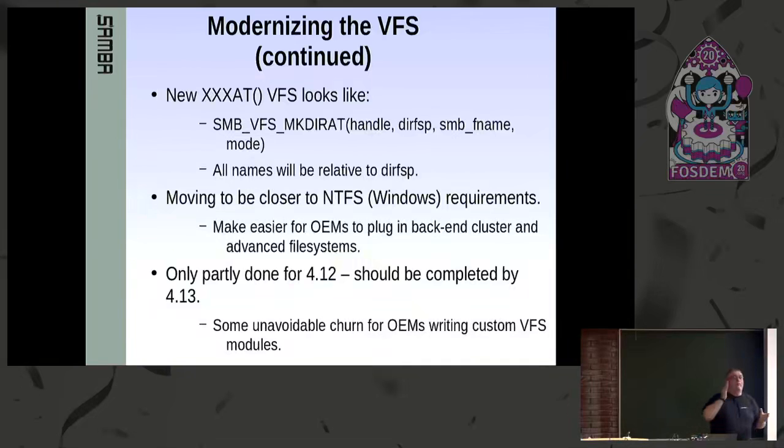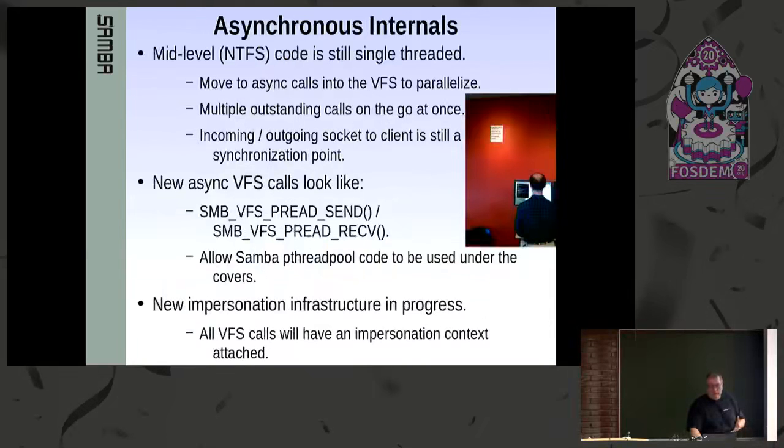So basically the VFS in 4.12 is kind of half @based and half not. I'm hoping for 4.13 it will be finished. Unfortunately, because a lot of the VFS vendors keep their code out of tree, there's some unavoidable churn that is going to be a little painful, but it's something we have to do in order to modernize the file server.